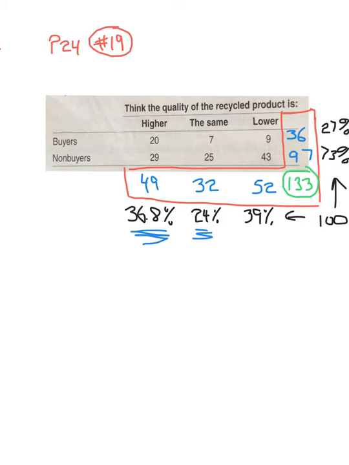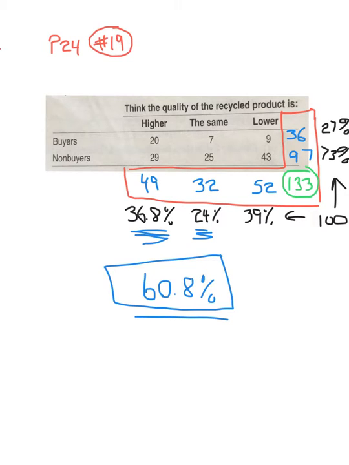We would add these two percentages together, and our answer is 60.8. 60.8% of these people polled think that the quality of recycled coffee filters is higher or at least the same as other filters. And we are done with that question.